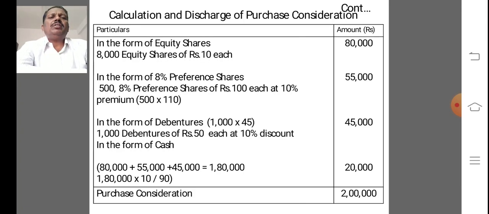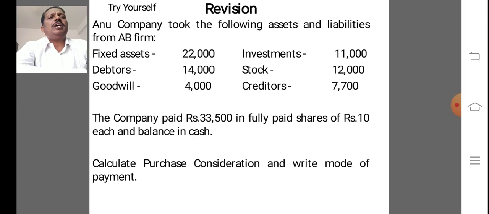So 1,80,000 into 10 divided by 90 is equal to cash 20,000. What is the total PC? 2 lakh. So in this problem, the cash should be 10% of total purchase consideration or 10 by 90 on purchase consideration excluding cash.